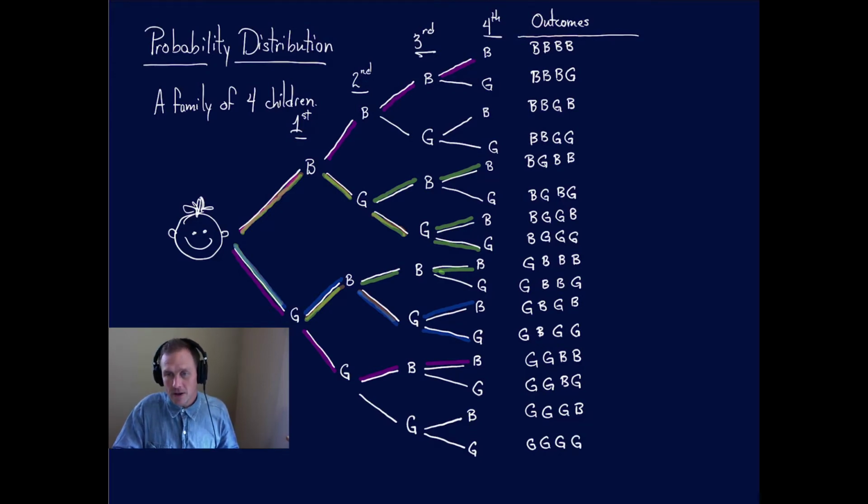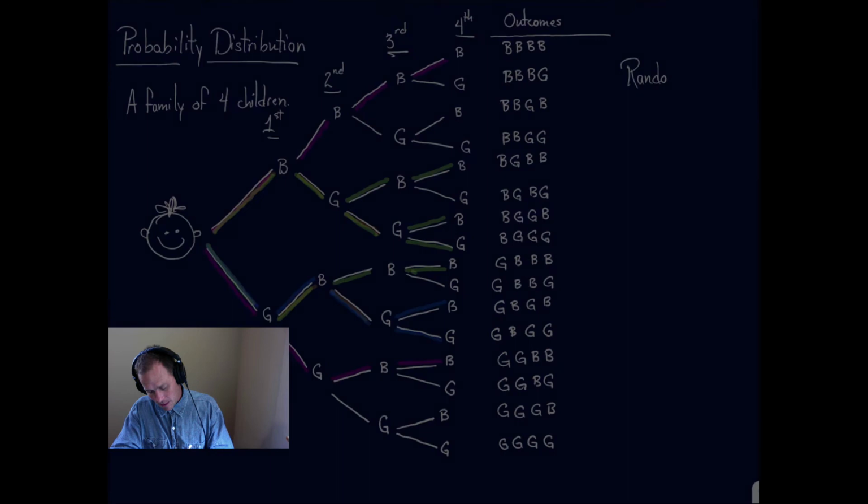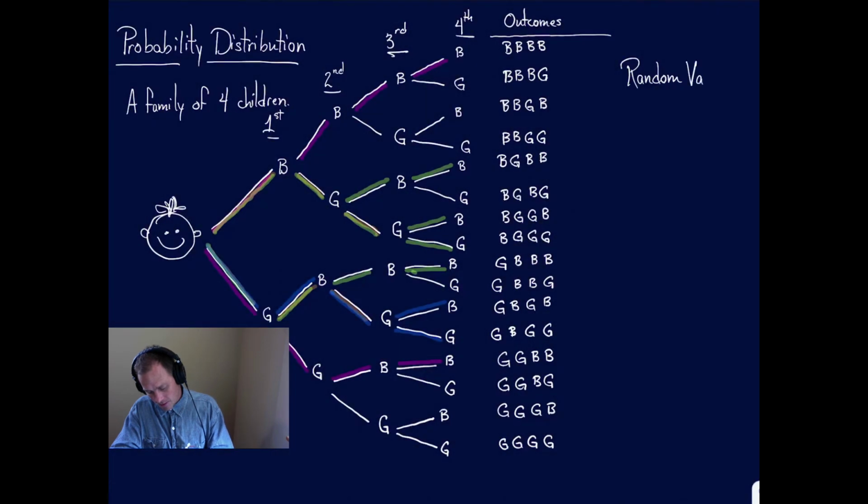Those are our outcomes. Now, when you're having a family or you're flipping a coin, whatever you might be doing, what's interesting is these all occur randomly. So each one of these outcomes, we would call these random variables. Random variables are determined by chance.